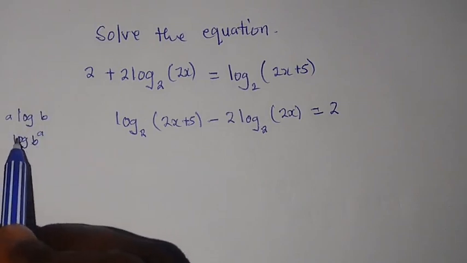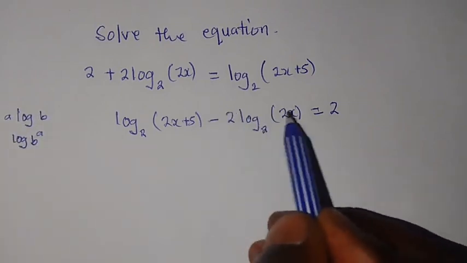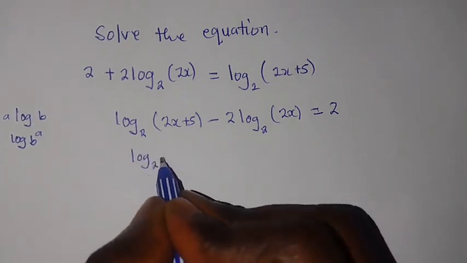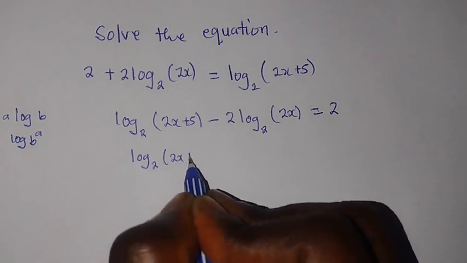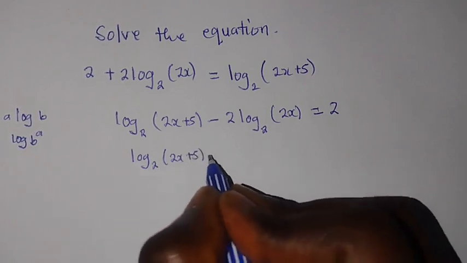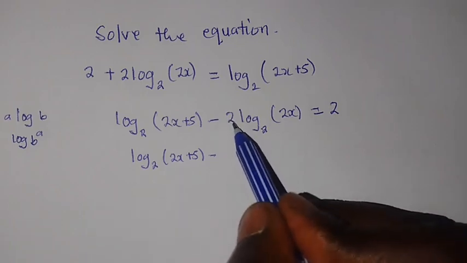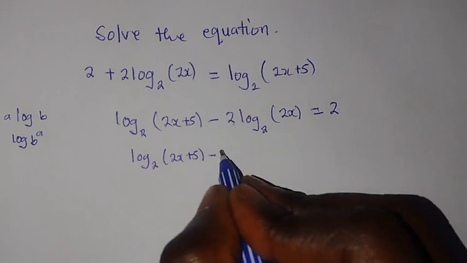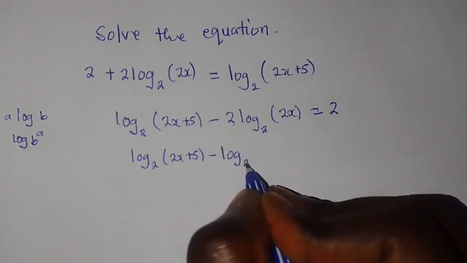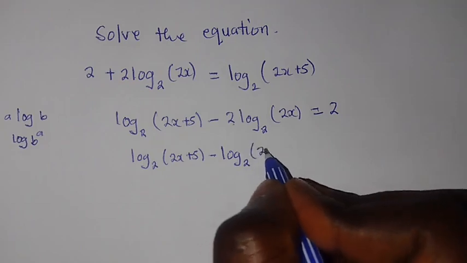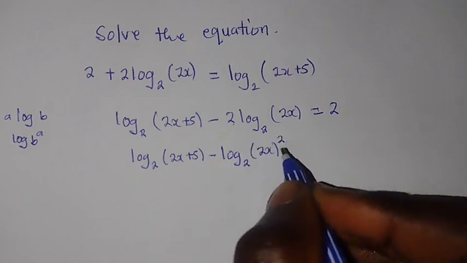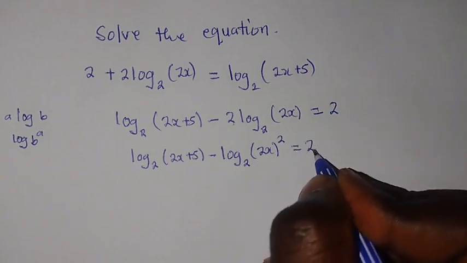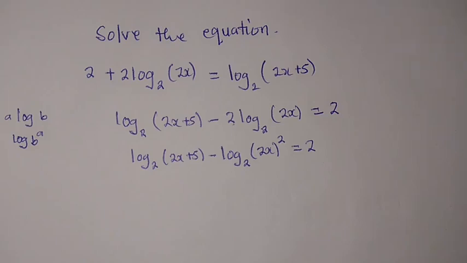So we are going to use this property to apply it here. So this is what we are going to have: log 2 of (2x plus 5) minus, so this 2 will become a power to this 2x. Okay, so we're going to write log 2 of (2x) raised to the power of 2. So this 2 has become a power to this, then equal to 2. I hope you are following me right here.